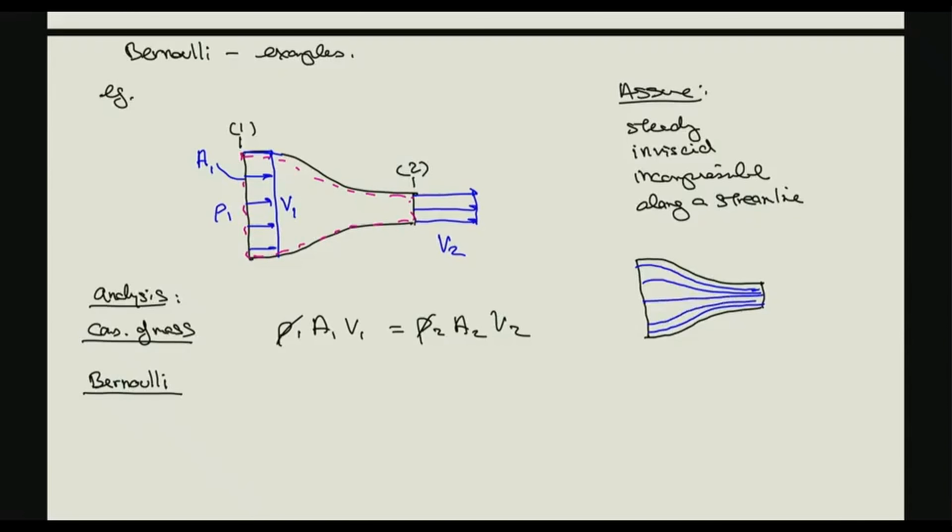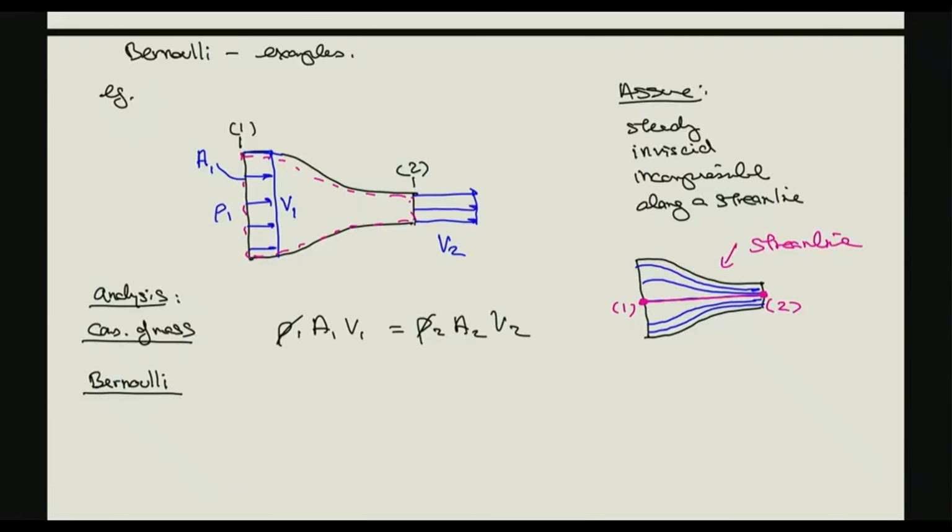Notice that the streamlines are being squeezed together, and as I'll explain later, that indicates flow acceleration. Anyway, we could choose the center streamline. Along that streamline, here's point 1, and then here's point 2. So this is our streamline.